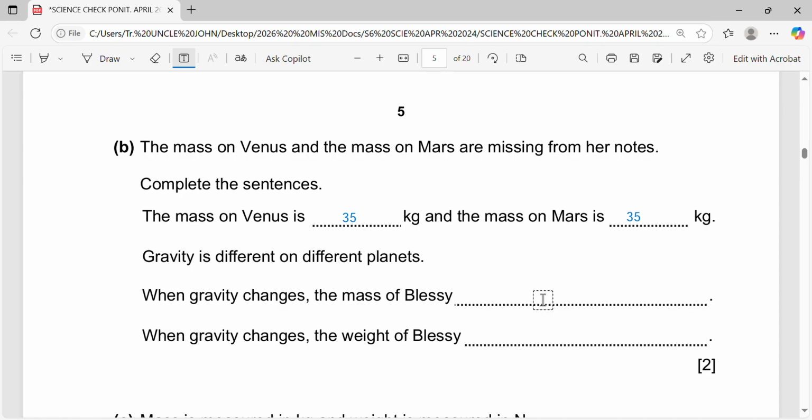Gravity is different on different planets. When gravity changes, the mass of Bressy stays the same.